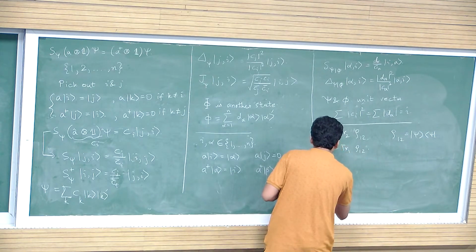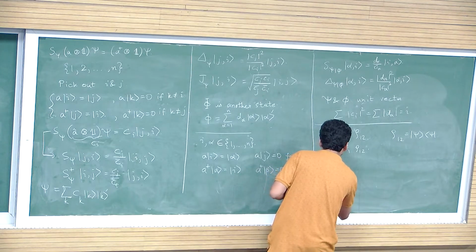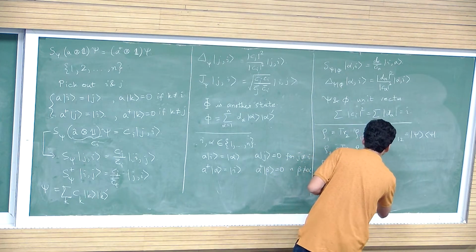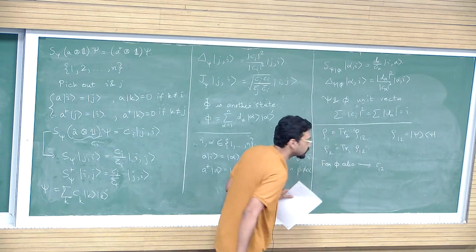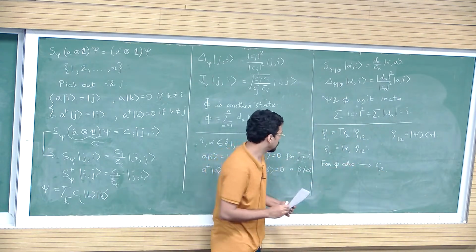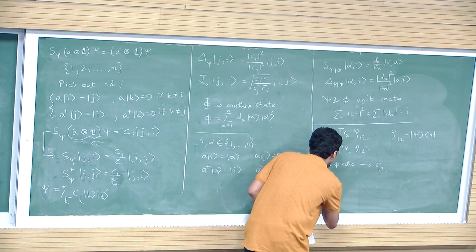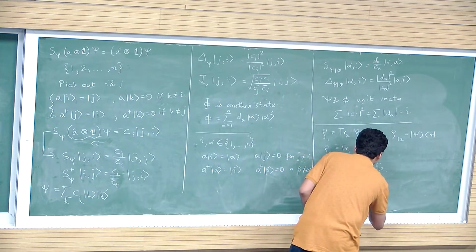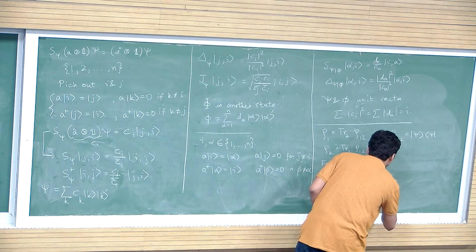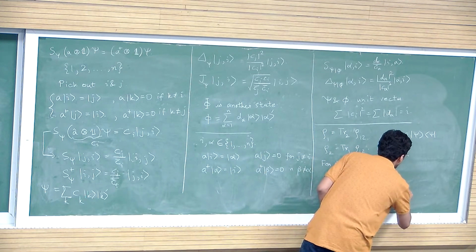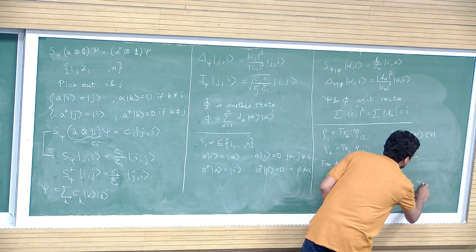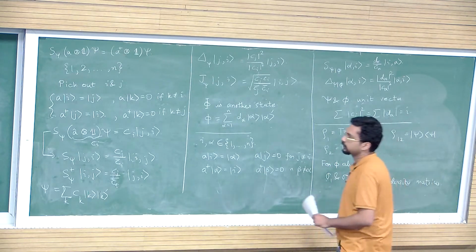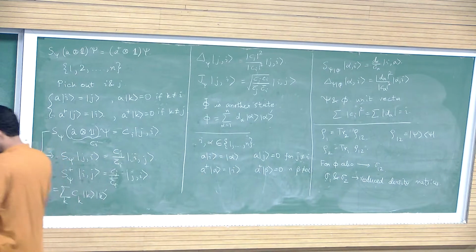Now, similarly for phi also, we can associate it with a density matrix sigma 1 2, and exactly like rho, it will also have sigma 1 and sigma 2 as reduced density matrices when you trace over subsystem 2 and subsystem 1. Okay.